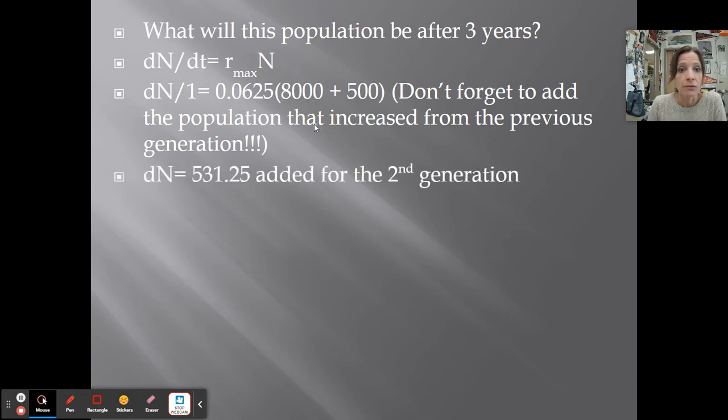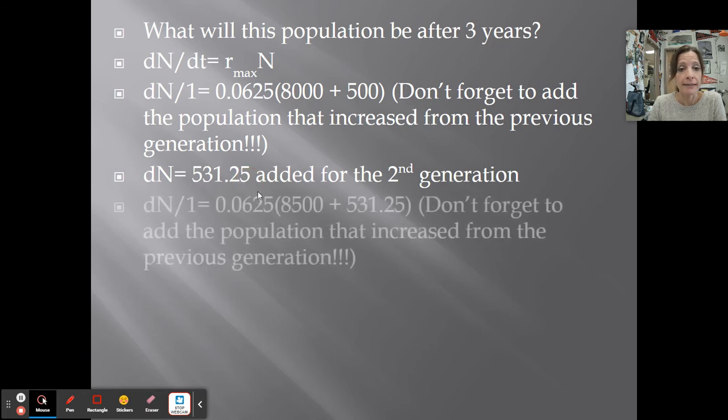In year 2, you would take your growth rate, 0.0625, multiply it by 8,500, and you get an additional 531.25. So you're going to add that to the 8,500. And the final one you do is the same.